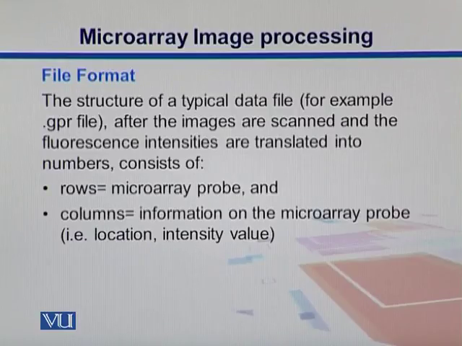The structure of a typical data file returned by this software is the .gpr file, the GenePix Results file. The images are scanned and the fluorescence intensities are translated into numbers, and they are returned in files that have rows representing microarray probes, and columns representing information about those probes, for example locations and intensity values.